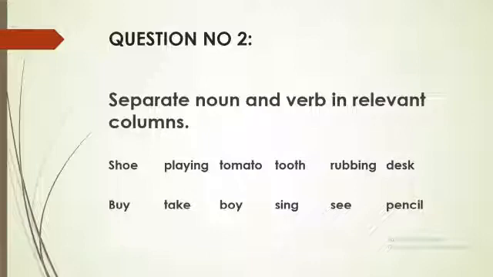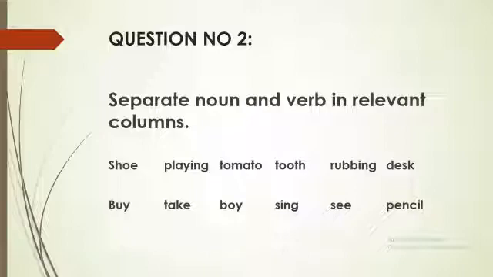As you can see, some words: shoe, playing, tomato, tooth, rubbing, desk, buy, tape, boy, sing, see, pencil. All these words can be divided in two columns. One is for noun and the other one is for verb.